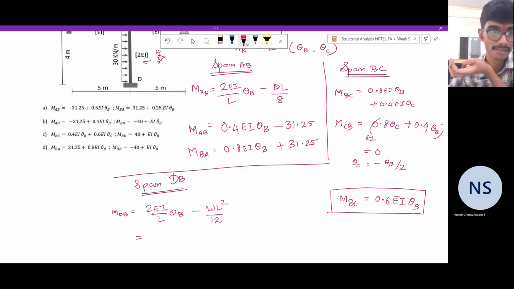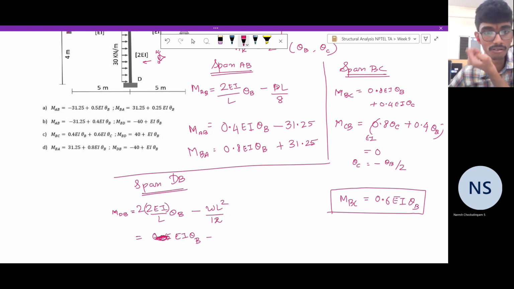So the length of the beam is 4 meters. Sorry, it's not 2 EI by L. This beam has got a moment of inertia of twice the other beam. So it is 2 times 2 EI by L. So it is 2 into 2 by 4, which is 1. So this is just EI theta B.